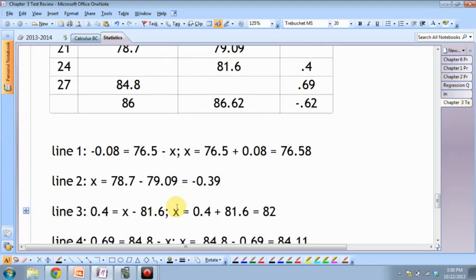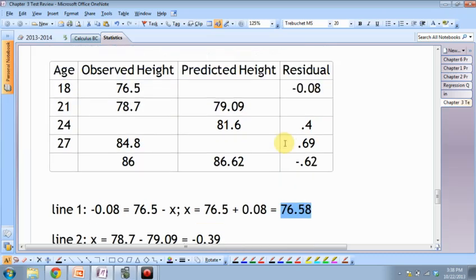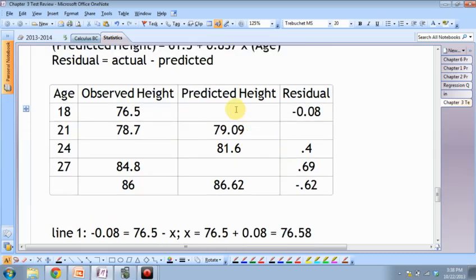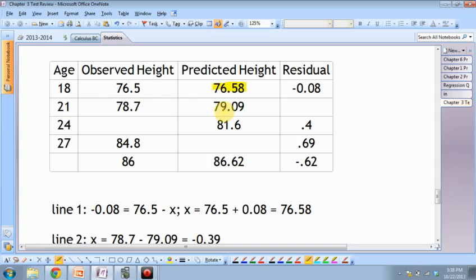Negative 0.08 is equal to 76.5 minus the unknown value of x. Solve that any way you like, but you will get 76.58 here. So I'll take that 76.58, stick it up here, perhaps highlight it, that way we know where things came from.